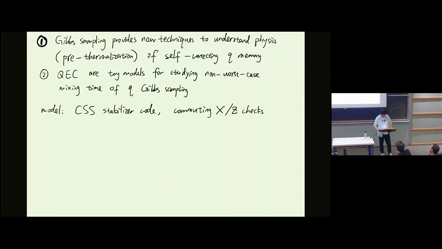And we will consider a quantum system described by this Hamiltonian, which undergoes thermal noise. And in particular, the Hamiltonian is also very simple. The energy of an eigenstate is simply the number of violated checks. So we will just count the number of violated checks, and that's the energy.